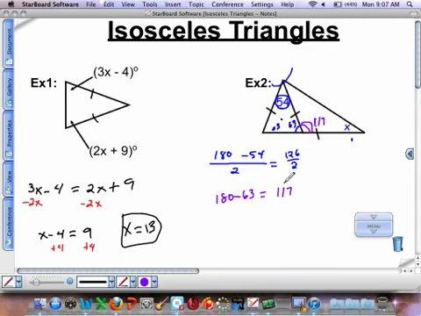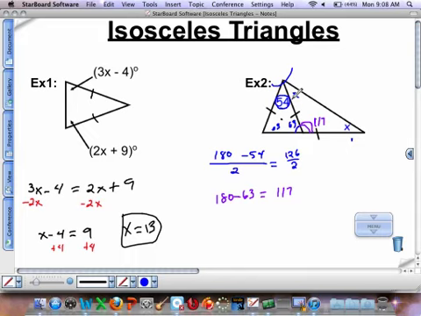Not bad at all. Even that is an isosceles triangle. It is isosceles. So what's that other corner then? So we know that's going to be x. Yes, or 63 halves.